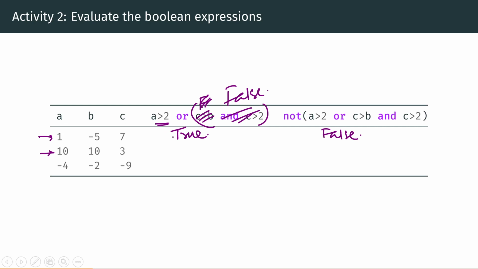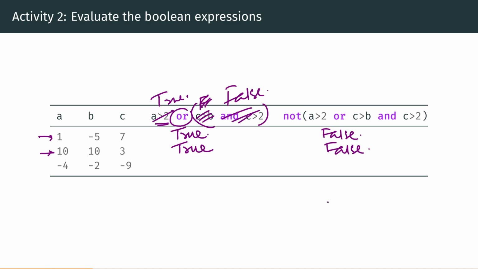If this is false, the final result would be false. So what about this one? Is a greater than 2? Yes, it is. a is 10. So this is true. Because or needs either one of them to be true, and we have it true on the left hand side, this will also evaluate to true, which means this will evaluate to false again.